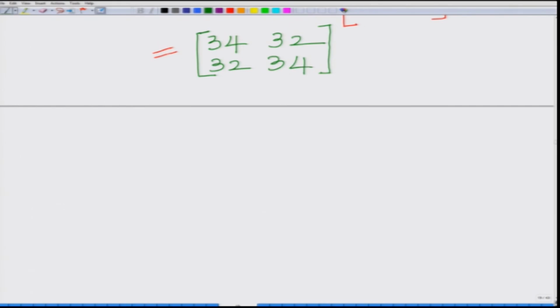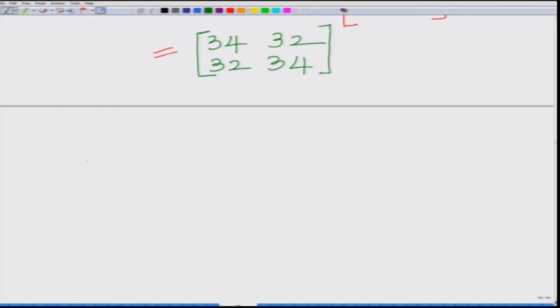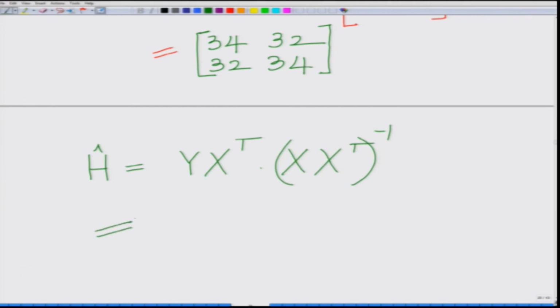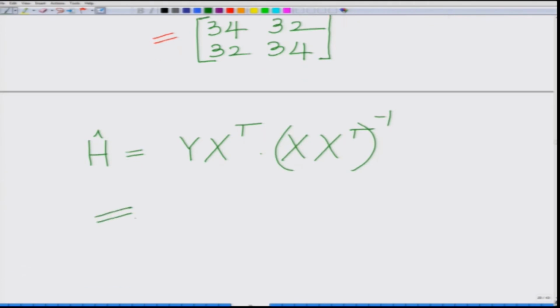Now, the channel estimate H hat, the ML estimate, in fact, the least squares estimate of the channel matrix H is given as H hat equals y x transpose times x x transpose inverse, correct. So, now I can compute H hat as y x transpose times x x transpose inverse. Now, y x transpose is something that we have just computed.